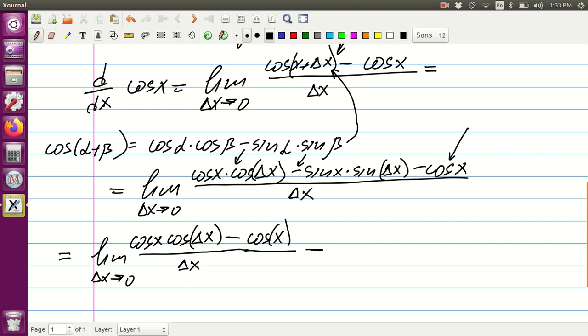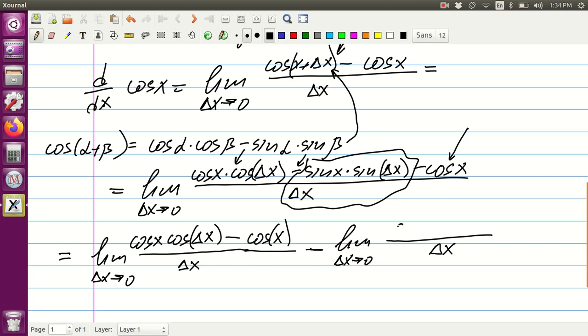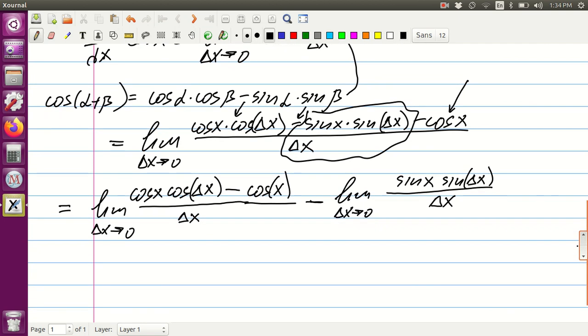Then we have a minus, then we have a limit, delta x still goes to 0, the denominator is delta x, and we have to take this part and write it over here: sine of x, sine of delta x. So we're done with this step.